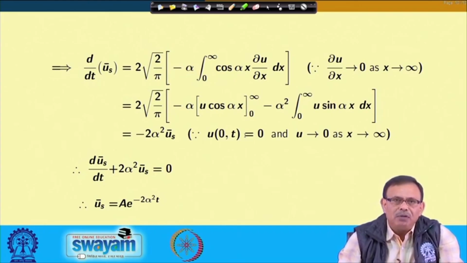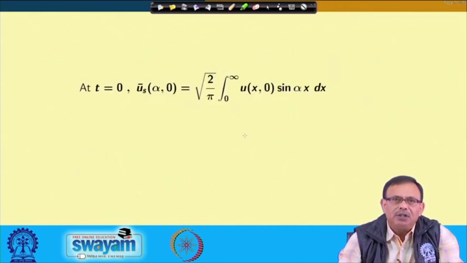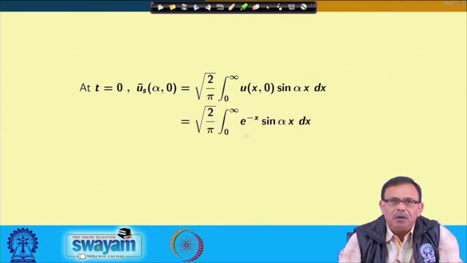Now, you have to find out the value of the constant a. To find the value of the constant a at t equals 0, what is the value of u bar s alpha 0, that we are finding out. From the definition, you can write u bar s alpha 0 equals this integral 0 to infinity u x 0 sin alpha x dx, and in the problem it is provided that u x 0 is e power minus x.